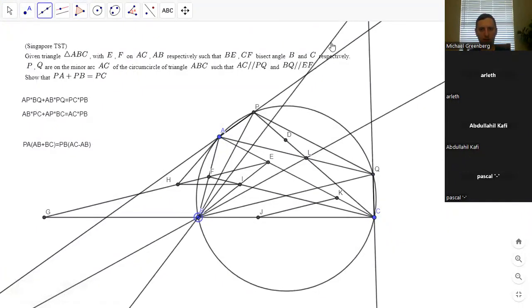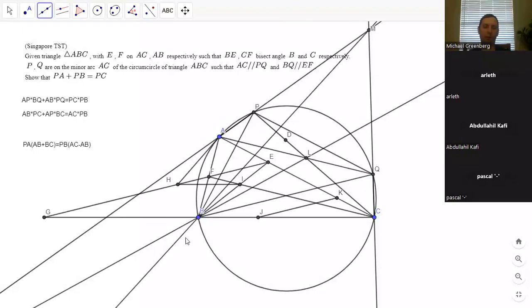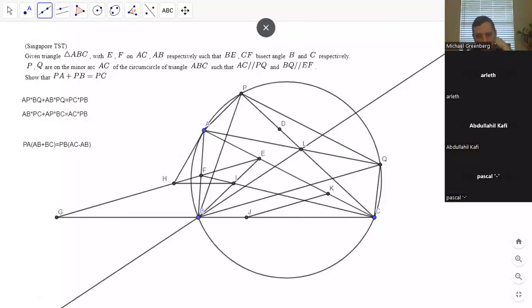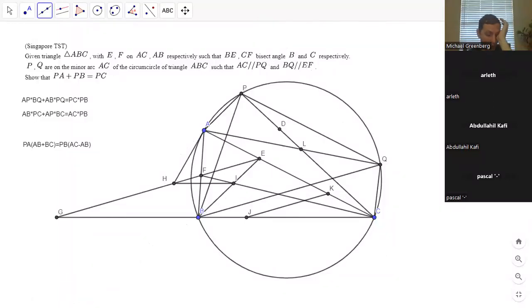So BL and this line should be orthogonal, but I don't see anything special about this line, so I don't know if that's really helpful. Oh, sorry, I'm sleepy today.